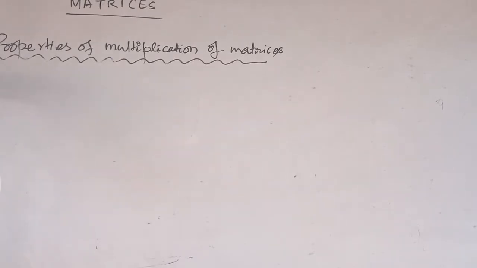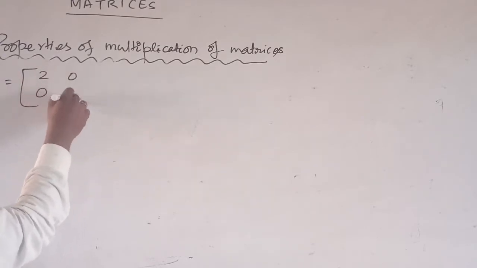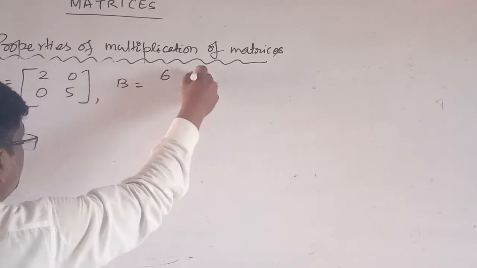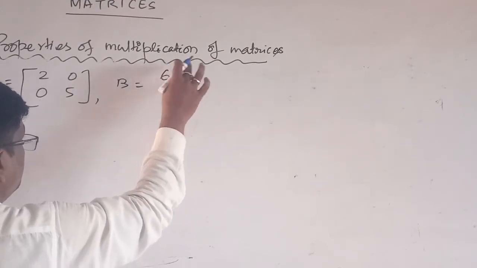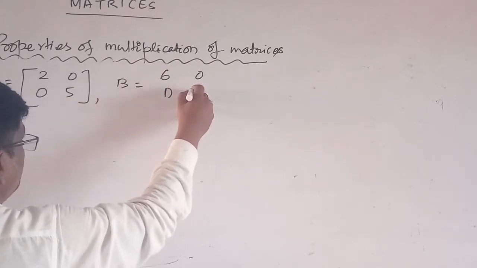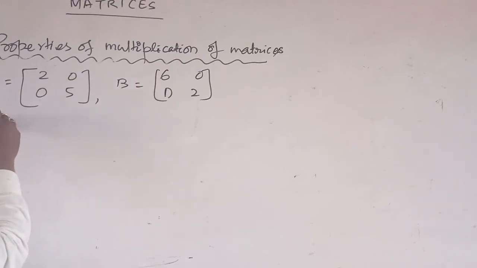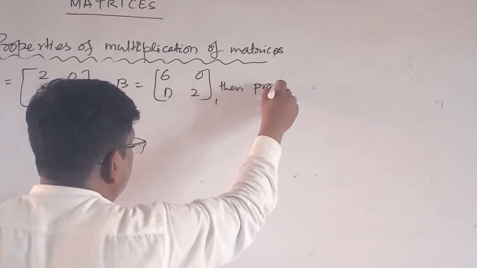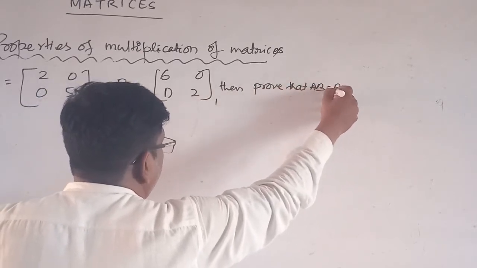Let A is equal to [2, 0; 0, 5] and B is equal to [6, 0; 0, 2]. Then prove that AB is equal to BA.